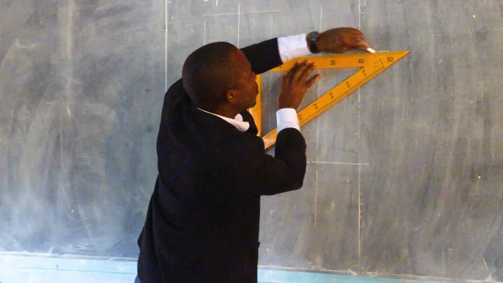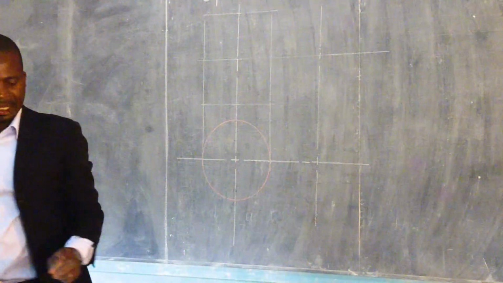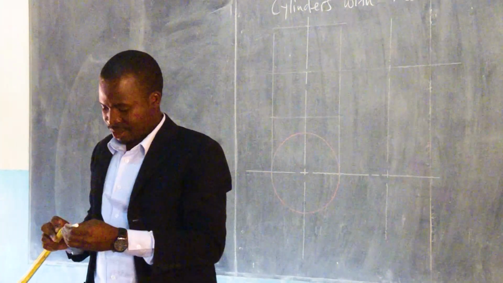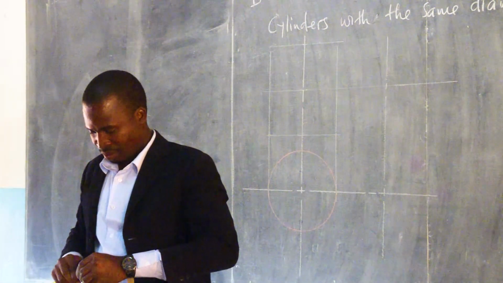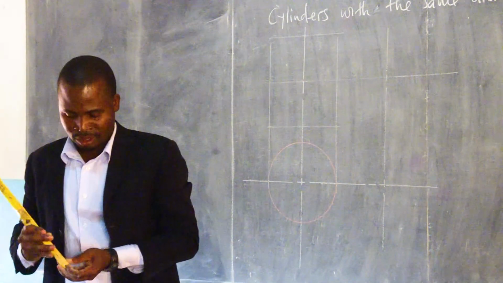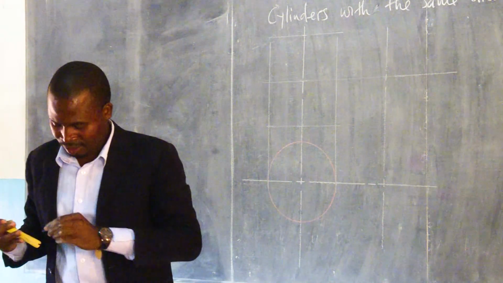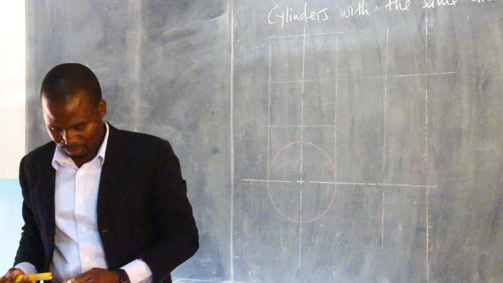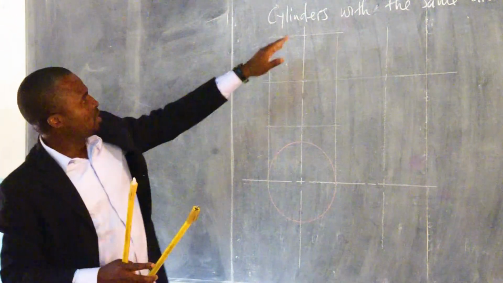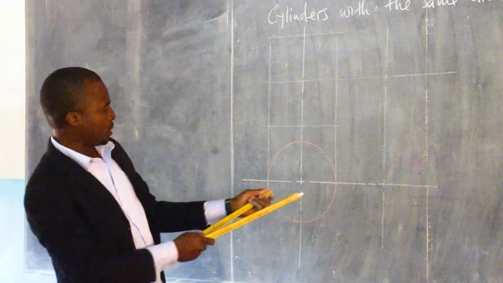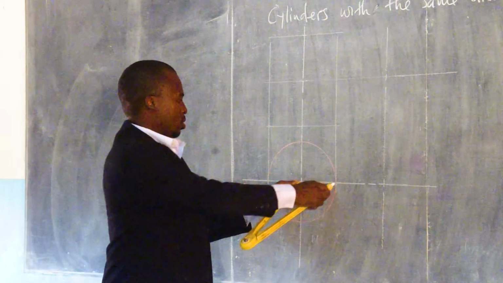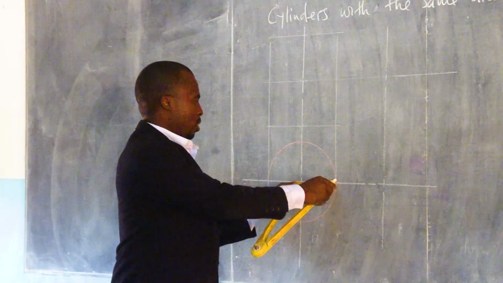Then this line will also be extended. After you've drawn this like that, since these cylinders are of the same diameter, you just get this distance from there to here.